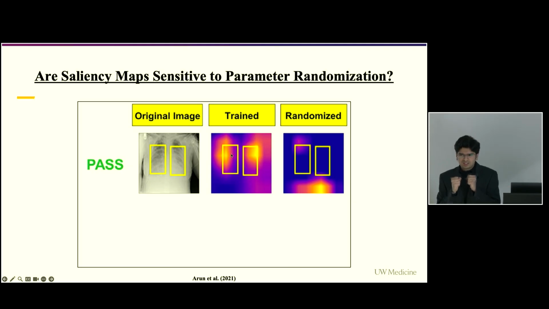And now the saliency map is essentially highlighting that these two bounding boxes, these two regions, were incredibly important to the model's decision-making process. Now let us consider the same model architecture, but an untrained model that has no knowledge of the task, no knowledge of the data set. It is just a random algorithm that will give predictions like a flip of a coin, cancer or not.